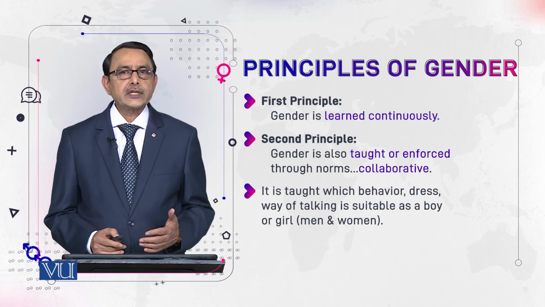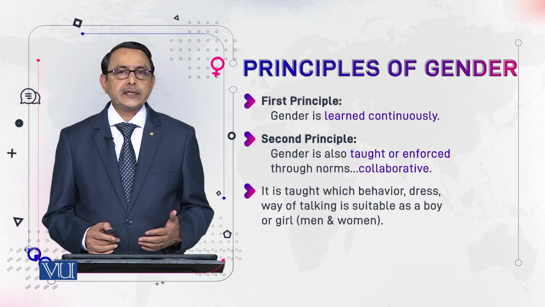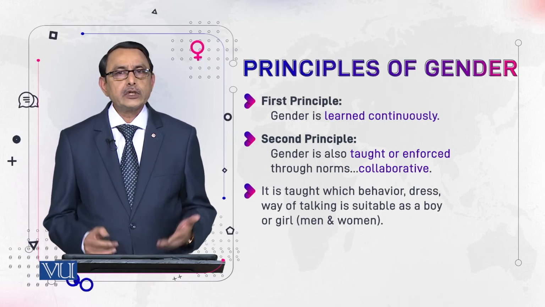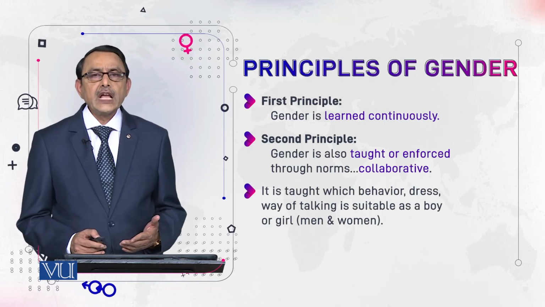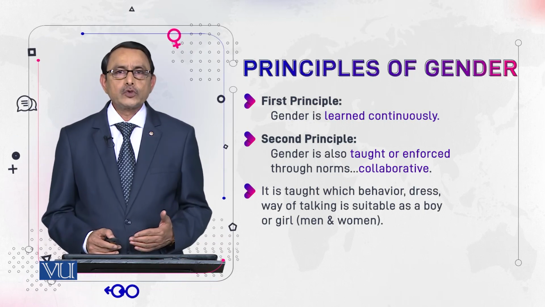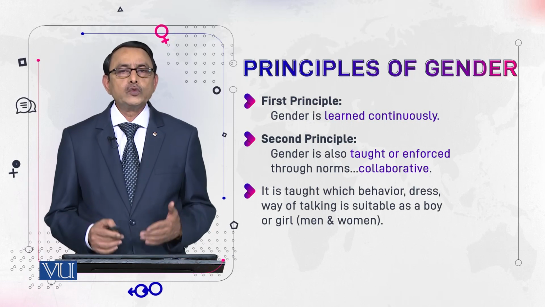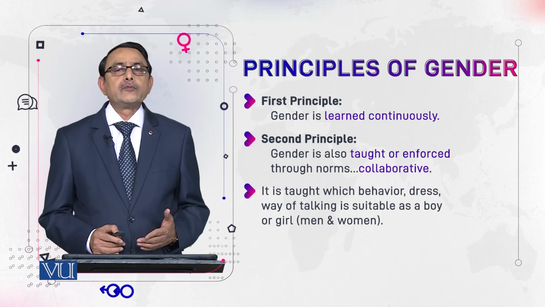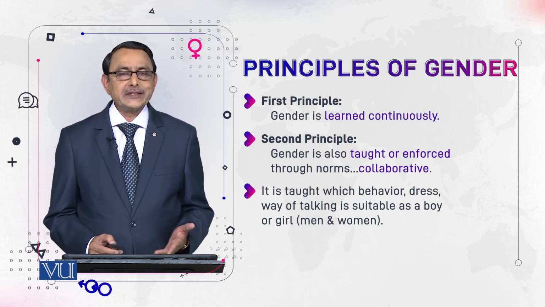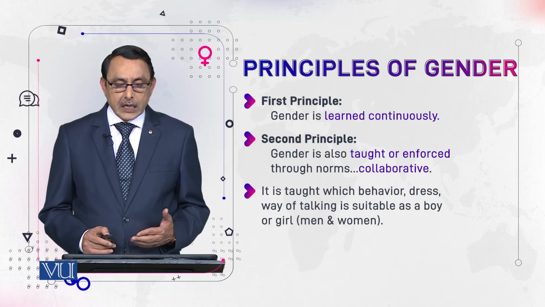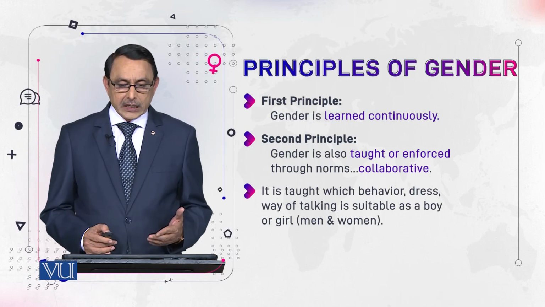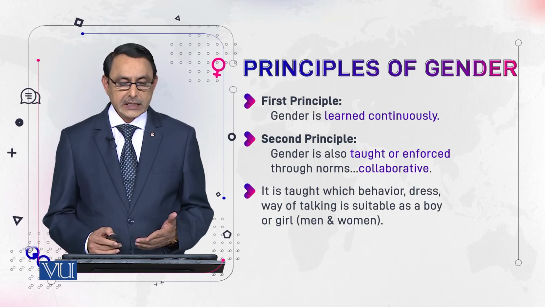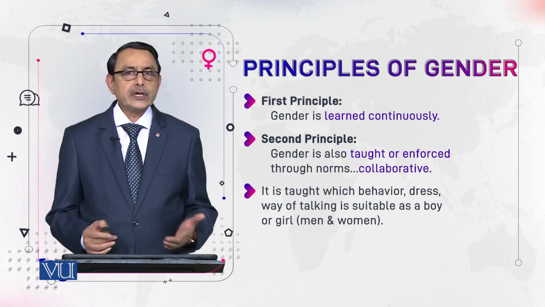We are explicitly or directly told to behave like a boy, behave like a good girl, and this happens through formal ways, through education, through curriculum. We call it the collaborative principle of gender. We are taught which behavior, which dress, which way of talking is suitable for a boy or for a girl.